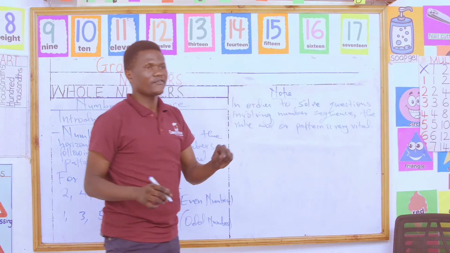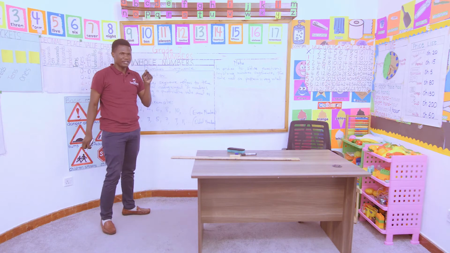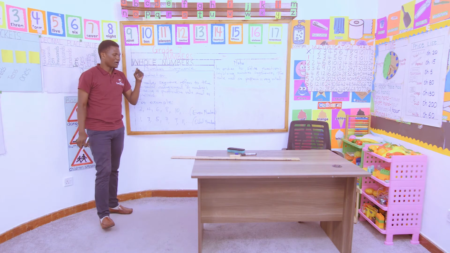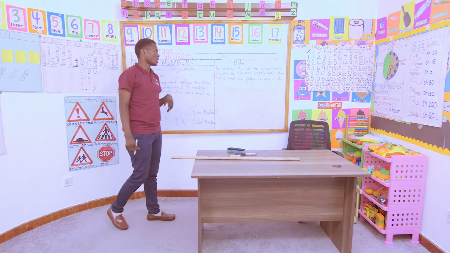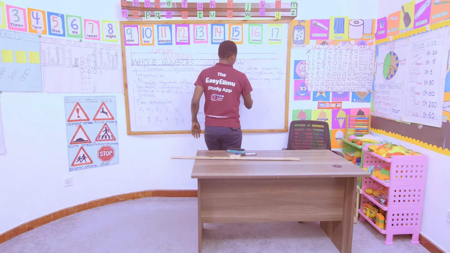You need to identify the rule. What is happening here? What pattern is being applied in order to come up with the subsequent digits or numbers in that particular sequence? Let us look at examples.